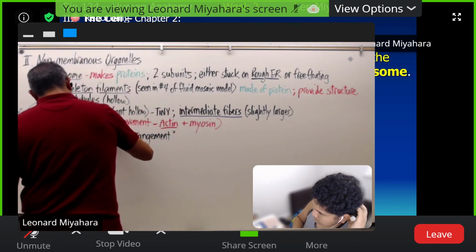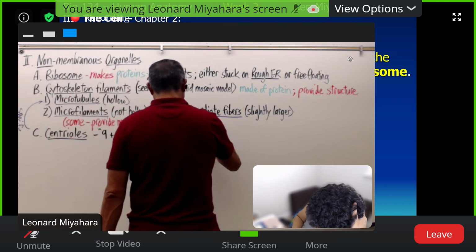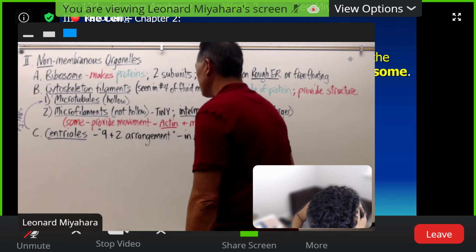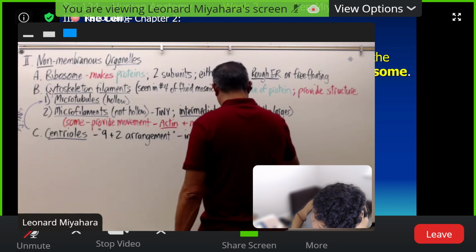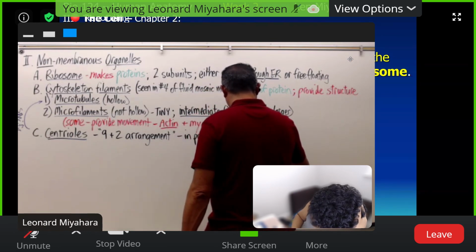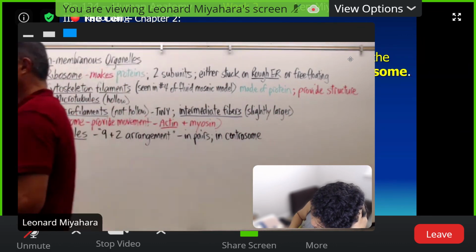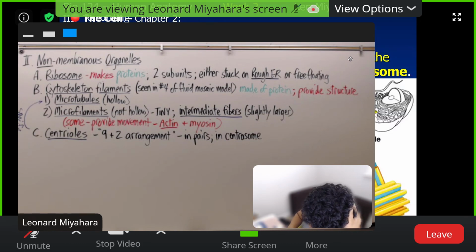So they come in pairs. They're housed in the centrosome. So here on this, you can see that they come in pairs. 9+2, there's these triplet 9s, and it comes in 2.